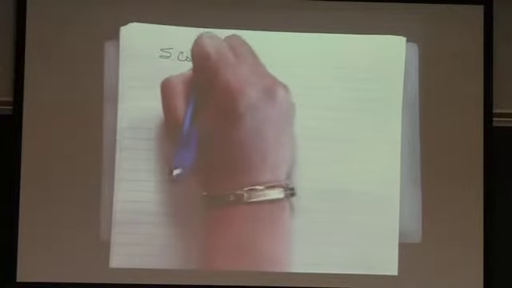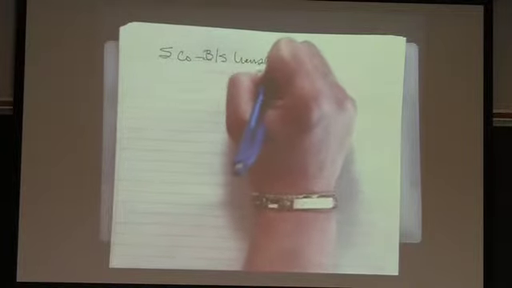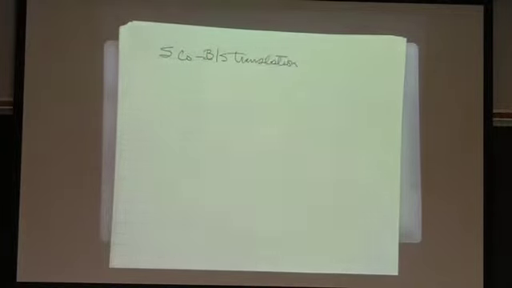So I want to do the balance sheet. So S company balance sheet translation, and I'm going to need this to add to my parent company to do the consolidated balance sheet.